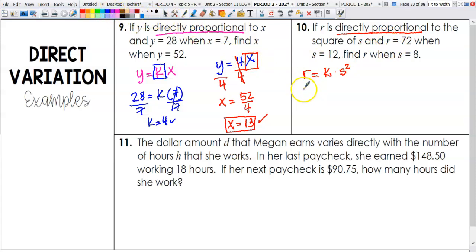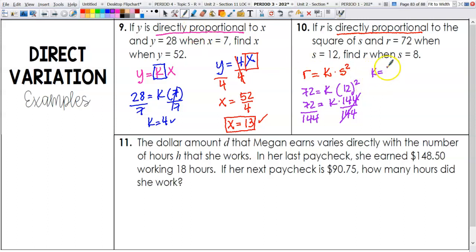Okay, so let's do that. We have R is 72, K is what we are looking for, S is 12 squared. So this will be 72 equals K times 144. 12 squared is 144. So we divide by 144 on both sides, and we end up with the constant of variation equal to 1/2.